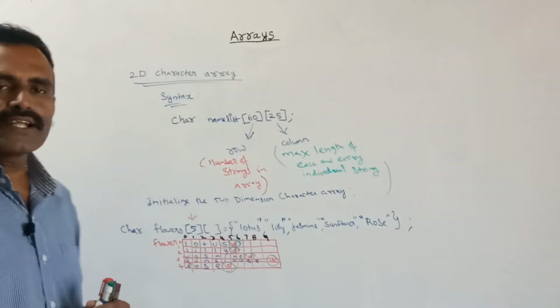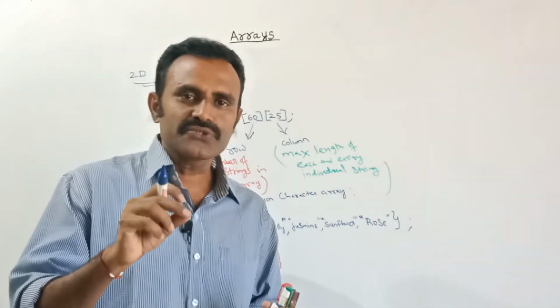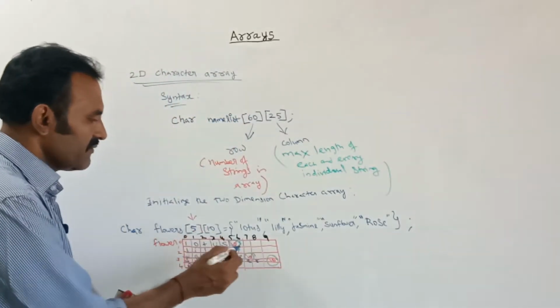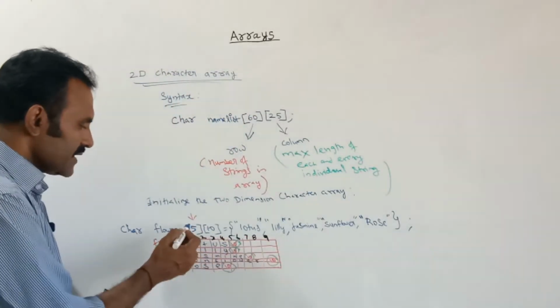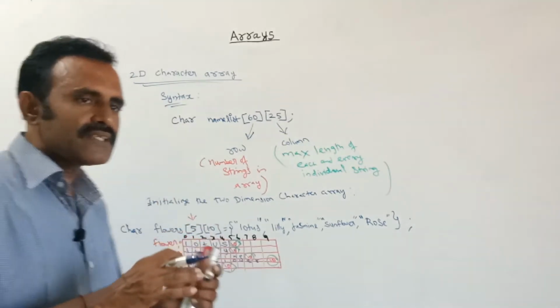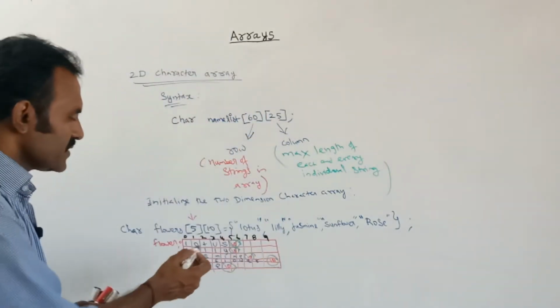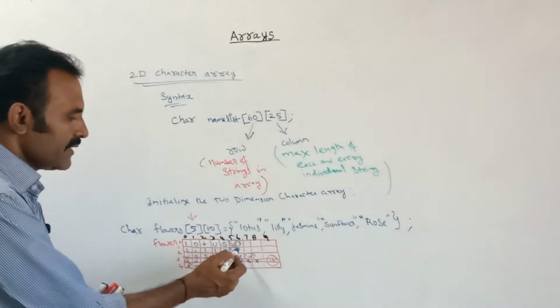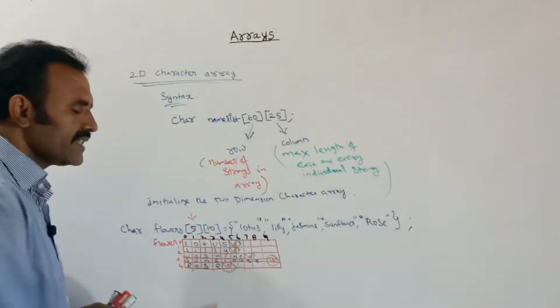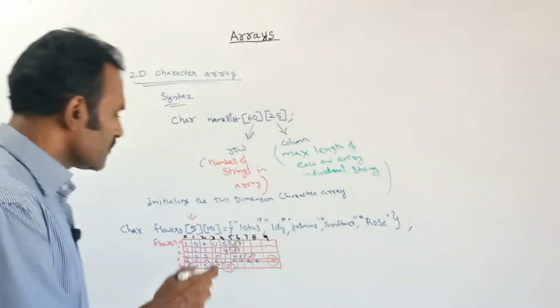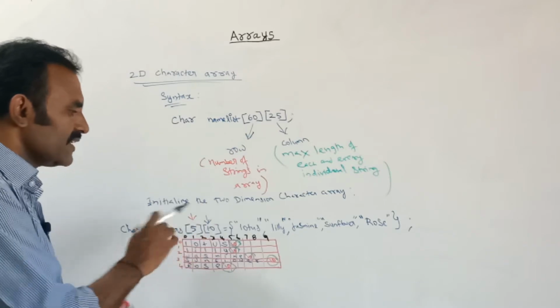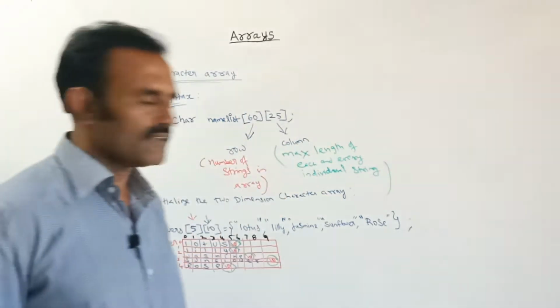So when we are declaring the memory space, we should declare the maximum space. Here if you are giving 10, totally 10 spaces. Within the 10 spaces we can use, suppose if we are using lotus, we are using 5 letters, the remaining 5 spaces are free. If it is free, then no problem. So while declaring the column value or the length value, you declare the maximum range value.